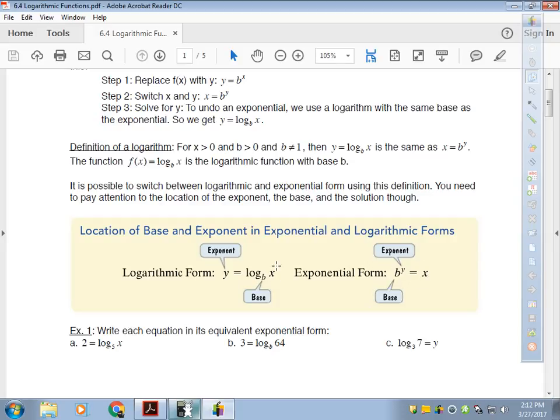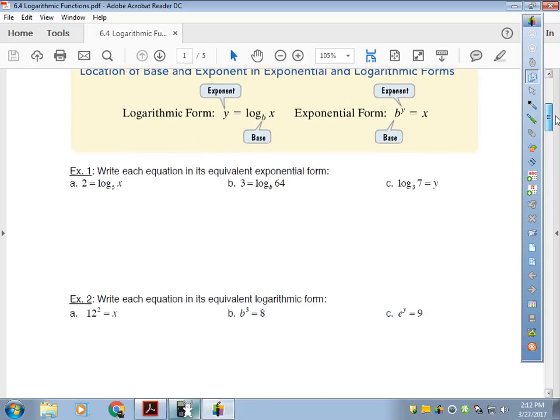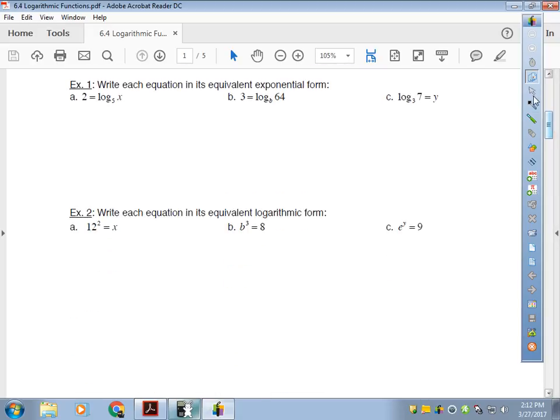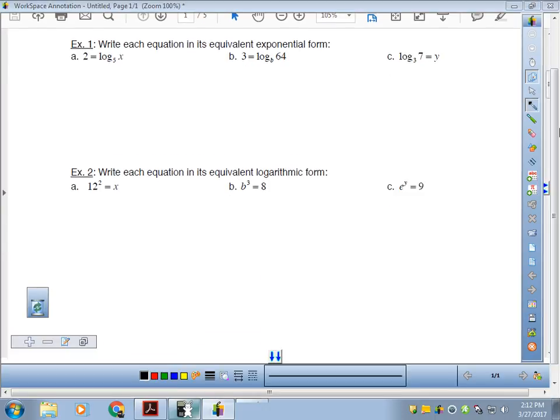You can take something written with logarithms and rewrite it as exponential, or take something exponential and rewrite it as a logarithm. That's what we're going to do in examples 1 and 2, go back and forth between the two forms.